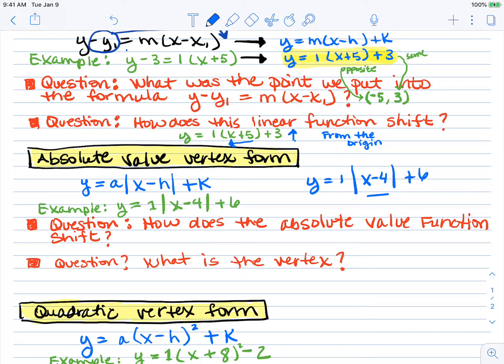I know it's moving this way 4, and it's moving this way 6. So that means it's shifting 4 right and 6 up.